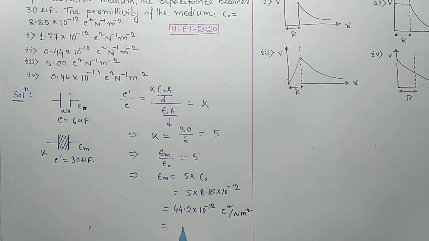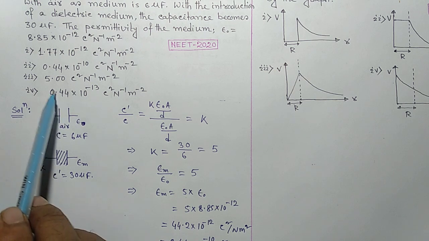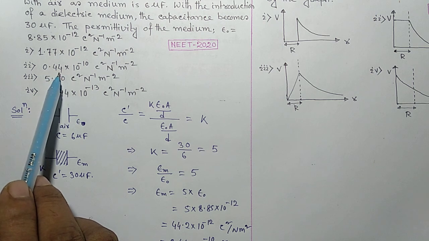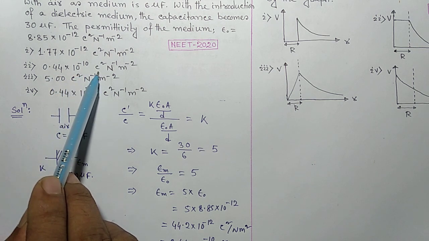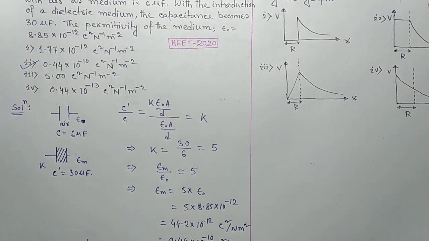It is equal to 0.44 into 10 to the power minus 10 Coulomb square per Newton meter square. So option 2 is the right answer.